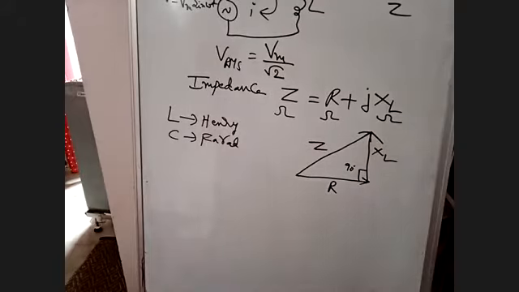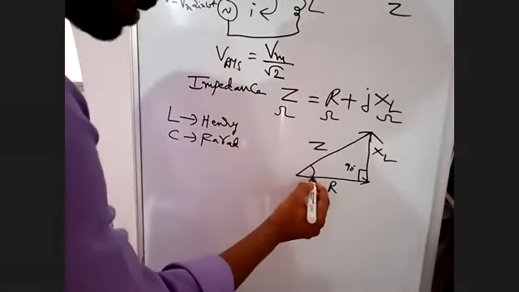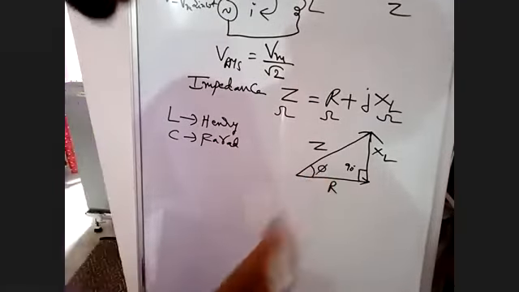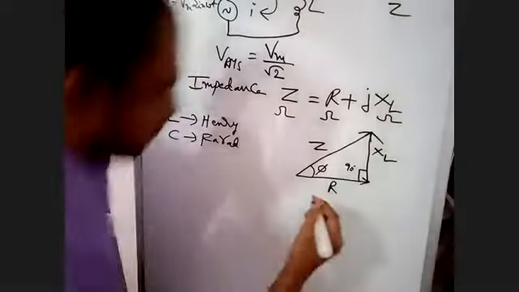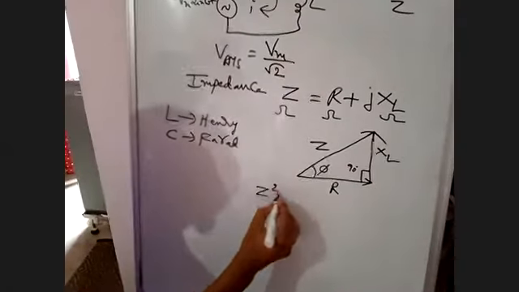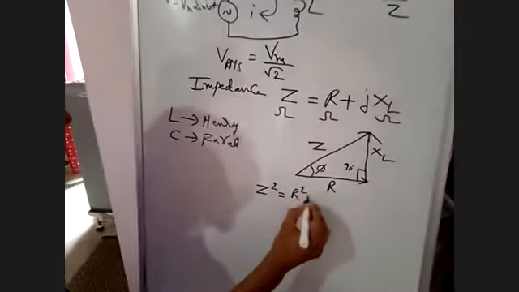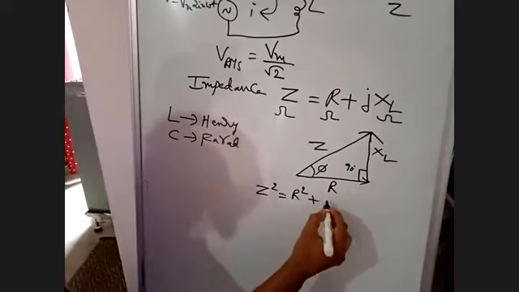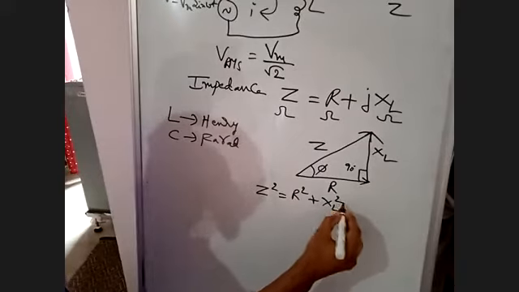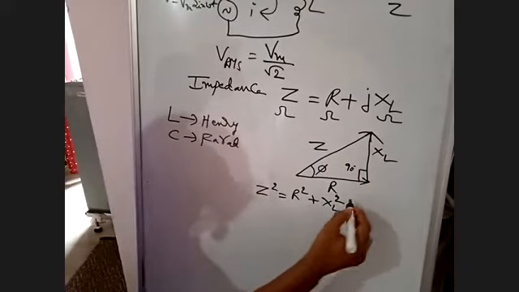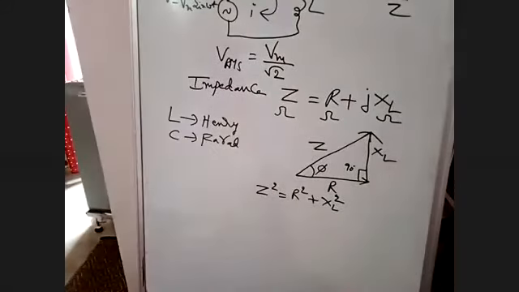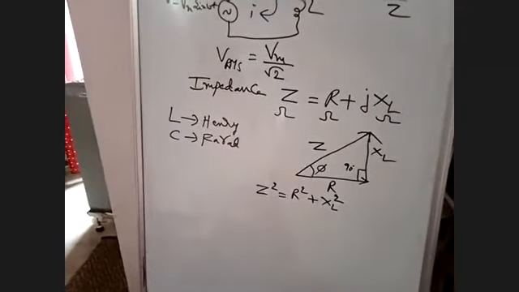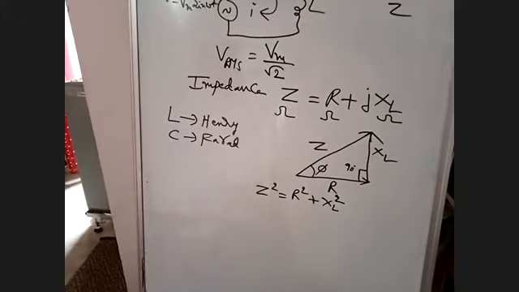Now here phi is the angle. This is a right angle triangle. In a right angle triangle, hypotenuse square is equal to side square plus side square. So this is the magnitude; we get the magnitude of Z like this. If you know R and XL, we can get Z. If you know any two values, we can determine the other one.